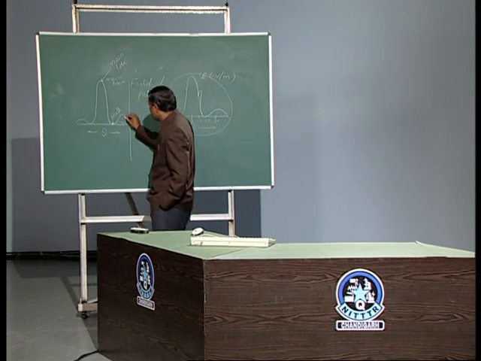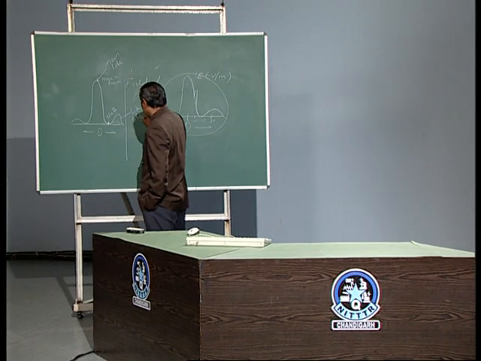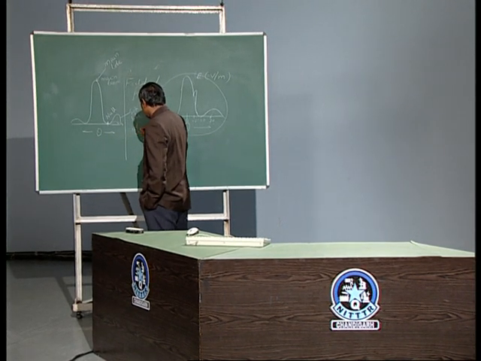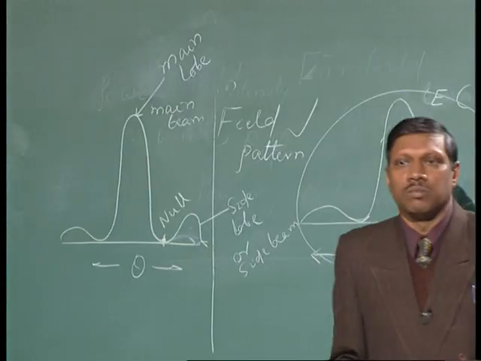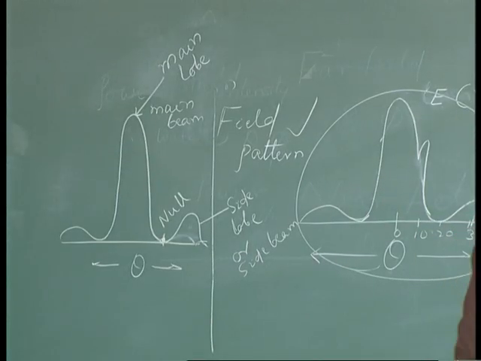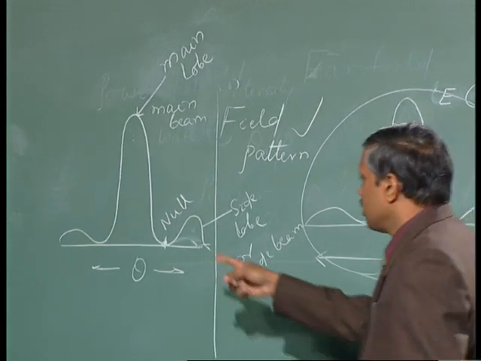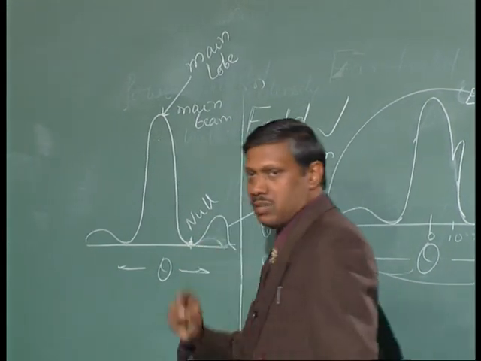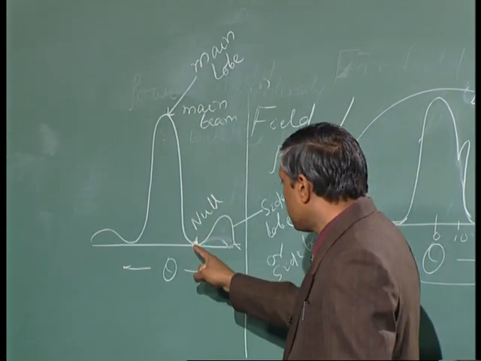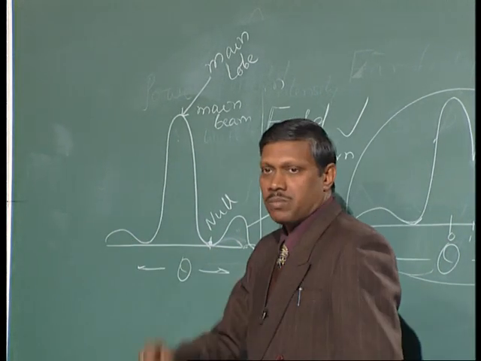So, this lobe is called your side lobe or side beam, because it appears on the side of the main lobe. You will see that side lobes appear only after touching a null. When a main lobe touches a null, then it gets extended, and only then the side lobe concept comes.